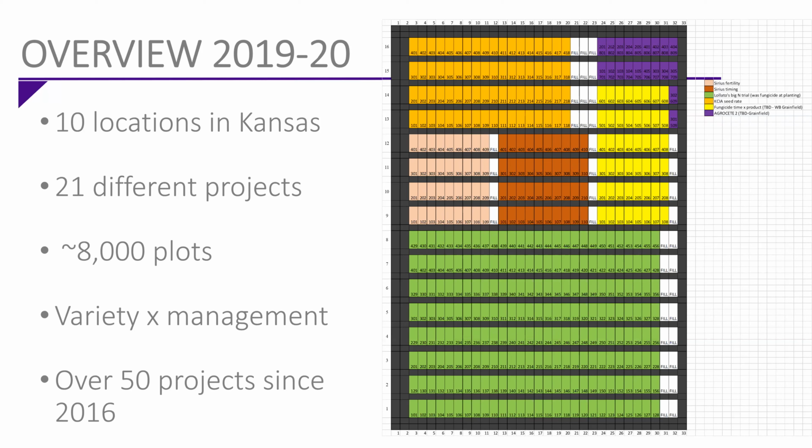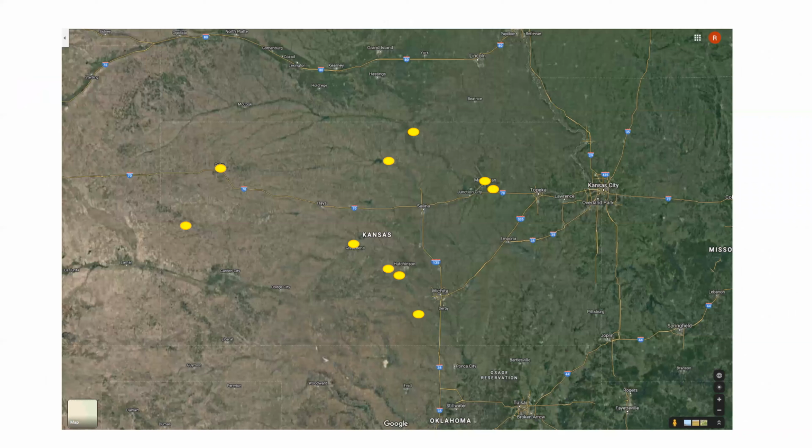So we're reaching close to 70 or 80 projects that we're doing to improve our management recommendations. The locations where we have the trials established this year, you can see in that map, right? They are mostly in the central corridor of the state, but we also have a couple of locations in western Kansas, really trying to represent the different conditions we have around Kansas.